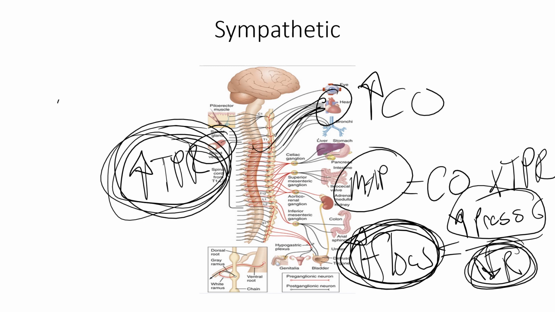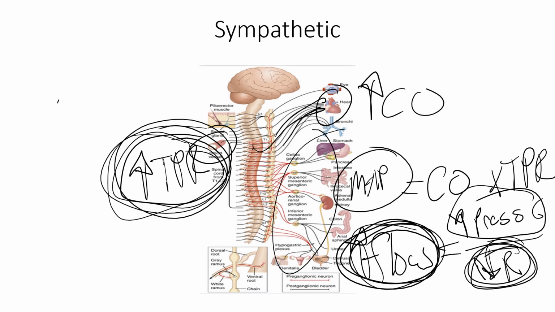The arterioles leading to the other organs depicted here are going to stay vasoconstricted, because there are no metabolites being produced by those organs driving vasodilation. So the resistance within the vascular networks traveling towards these other organs is going to stay elevated. And thus, what does that mean for blood flow to those areas?